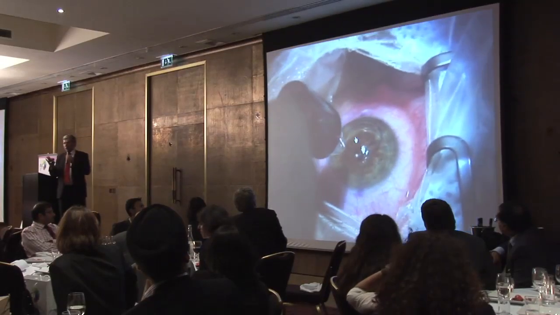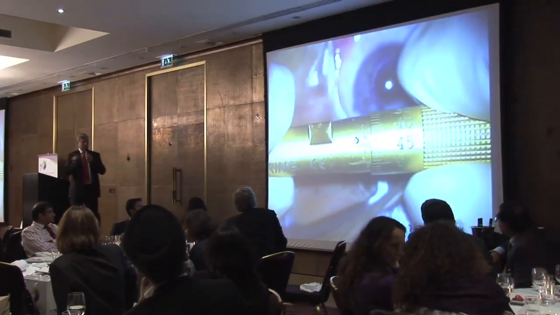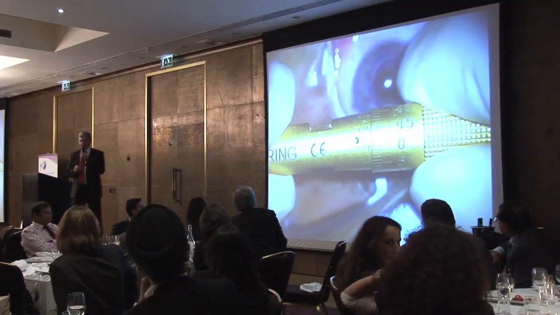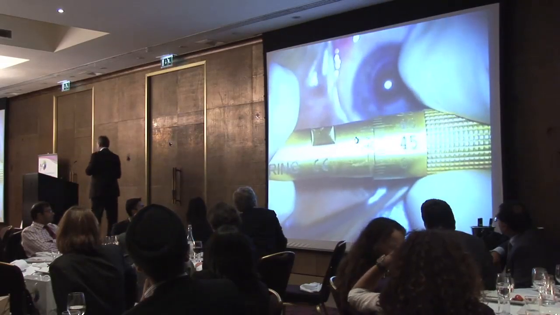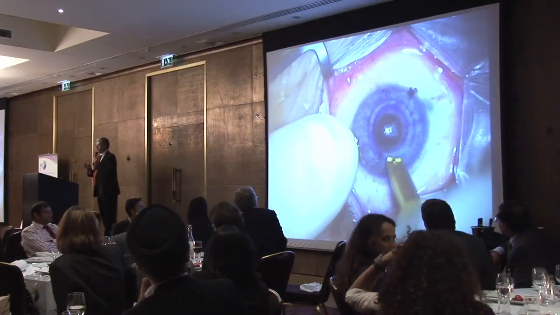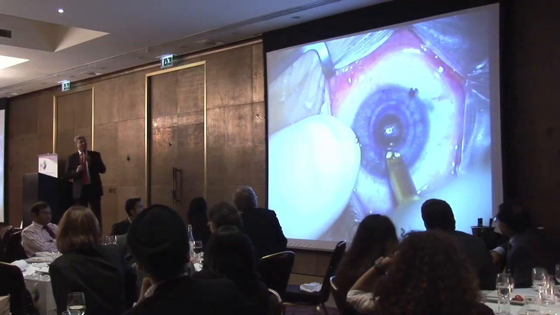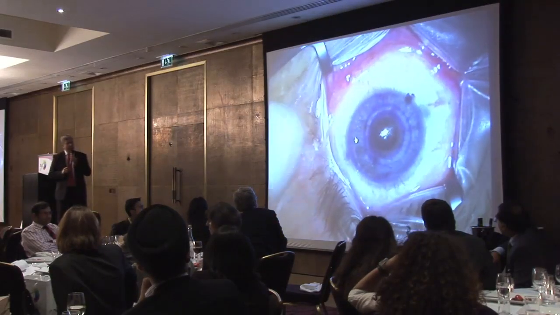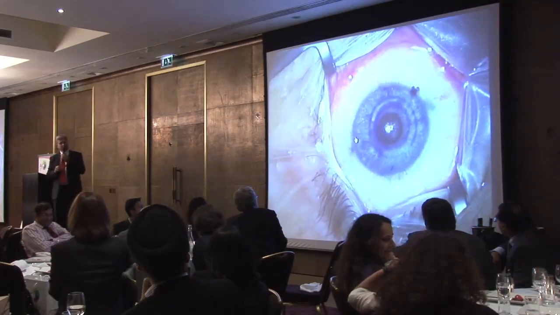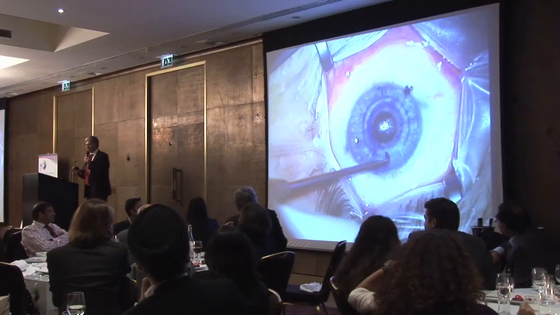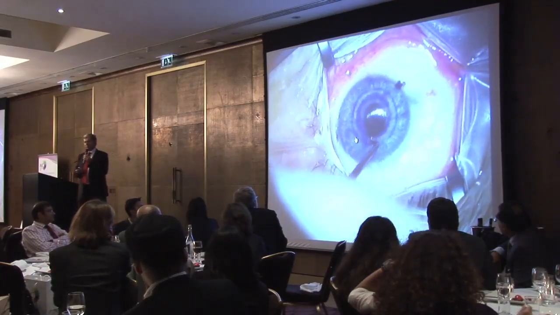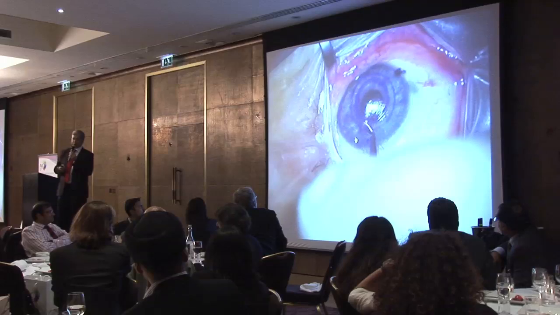And actually the tunnel, you will see how we do the tunnel, can be done by femtosecond laser. There is a whole discussion what's better, mechanical or femtosecond laser, but it can be done, and now we are doing it in AVC, can be done by IntraLase.